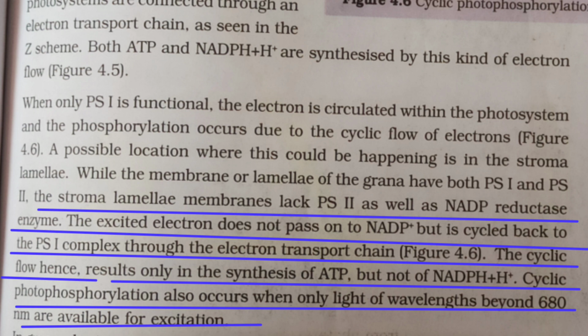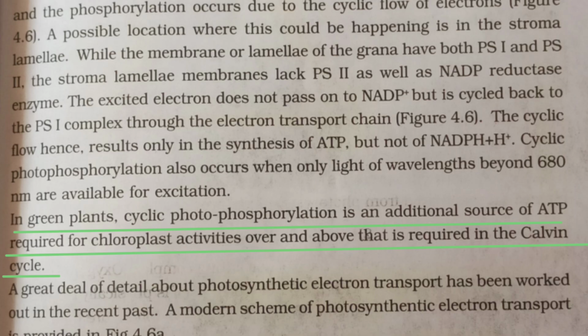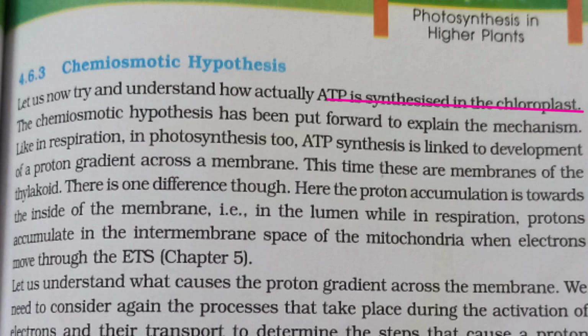Cyclic photophosphorylation also occurs when only light of wavelength beyond 680 nm is available. In green plants, cyclic photophosphorylation is an additional source of ATP required for chloroplast activities over and above that required in the Calvin cycle.